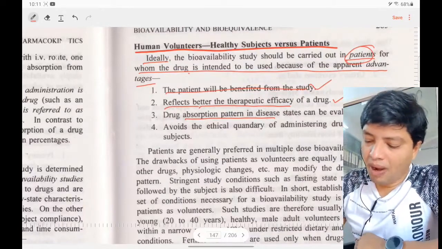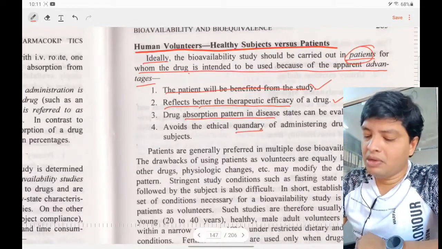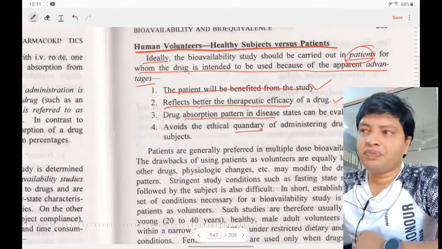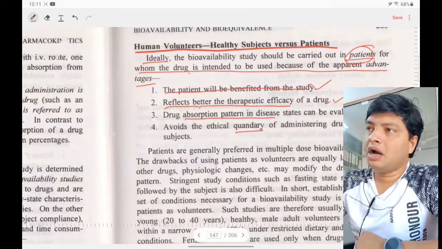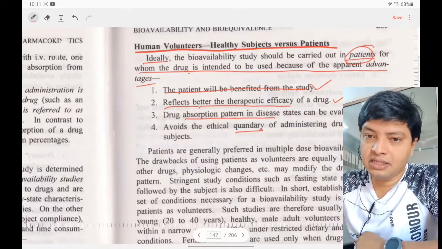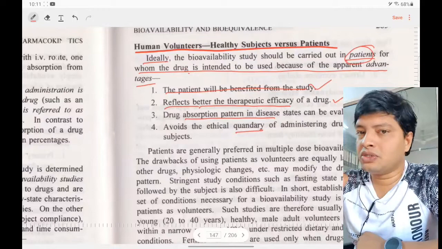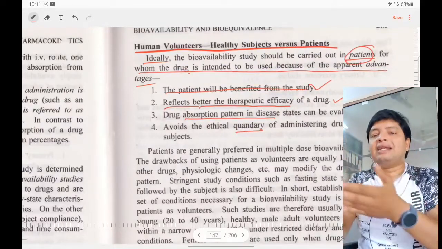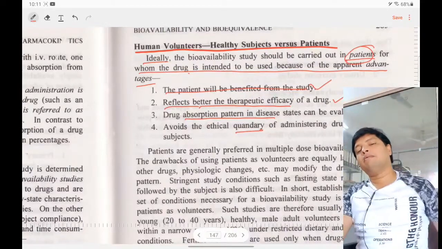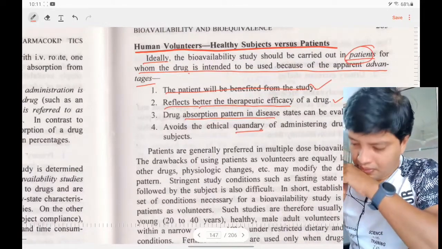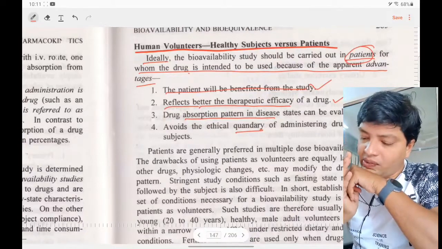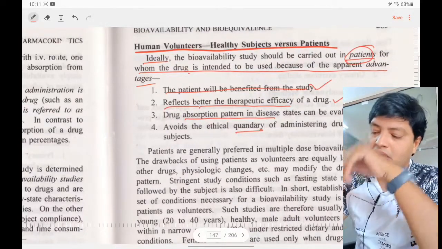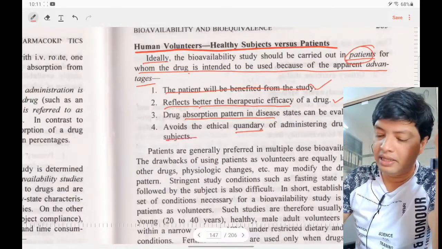Next, it avoids the ethical quandary of administering drug to healthy subjects. Obviously, if you administer the drug to healthy subjects, there will be ethical issues. To avoid this ethical issue, if you take patients directly, you avoid the ethical problems which arise due to the consideration of healthy subjects.